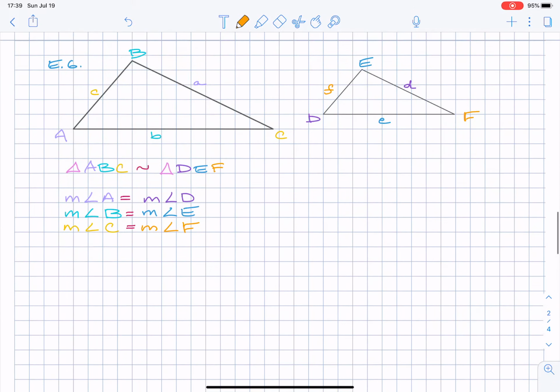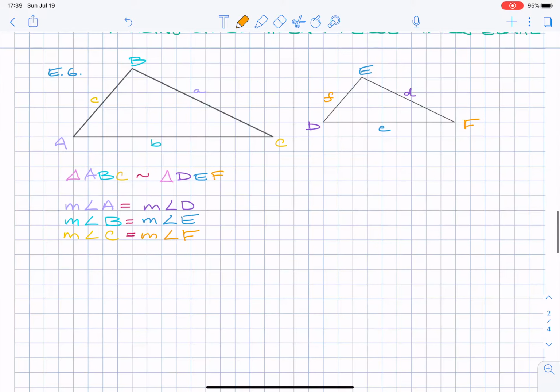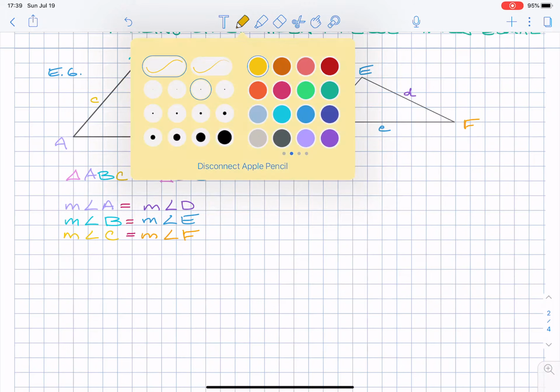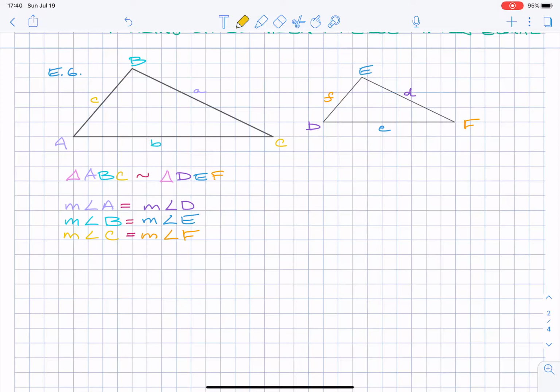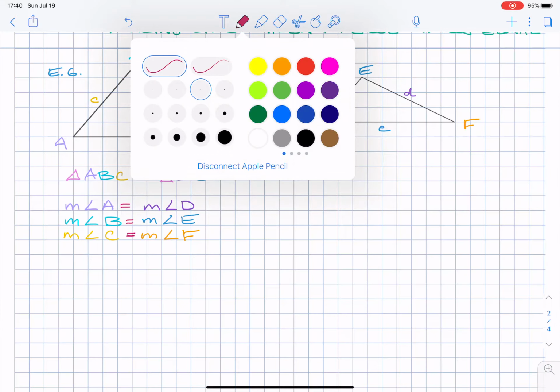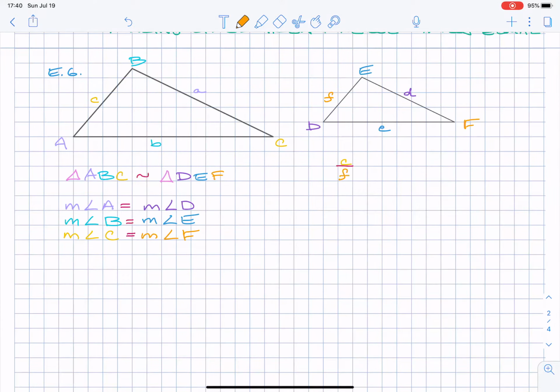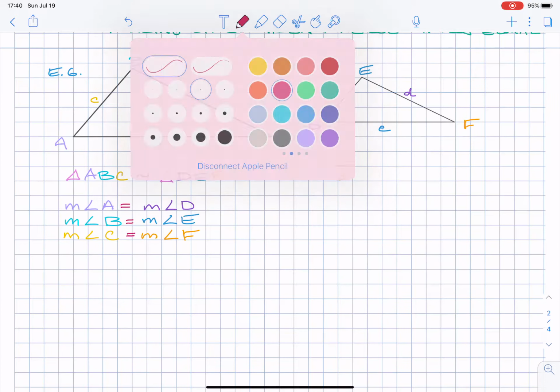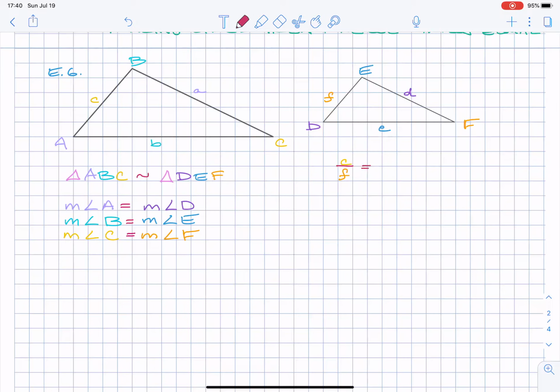So what that means is that C is to F. So let's go here on the left. We have little c divided by little f will be the same as, because those are both the left-hand sides of each triangle, right?